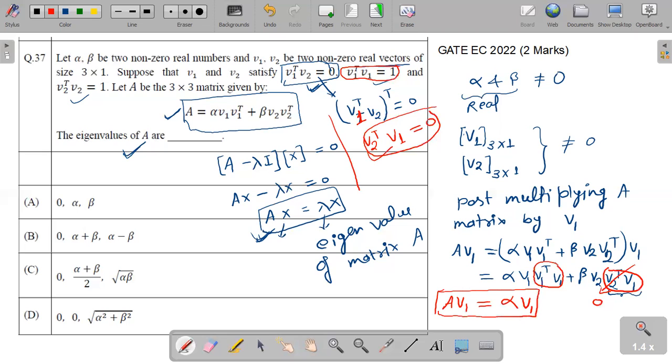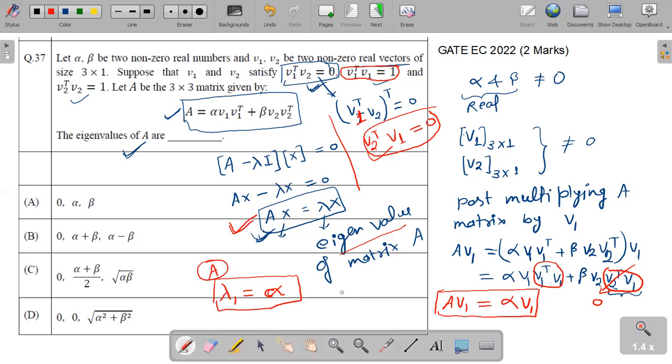So you can clearly see that this is the same condition as Ax equals lambda x, where x is the eigenvector of the matrix A, and lambda is the eigenvalue of the matrix A. From here you can clearly see that alpha is one of the eigenvalues of the matrix A. So one eigenvalue lambda 1 equals alpha.